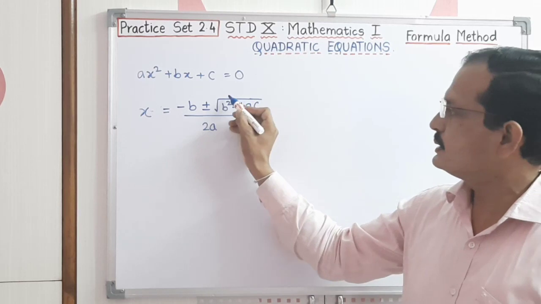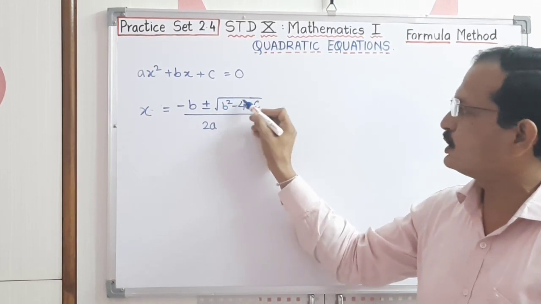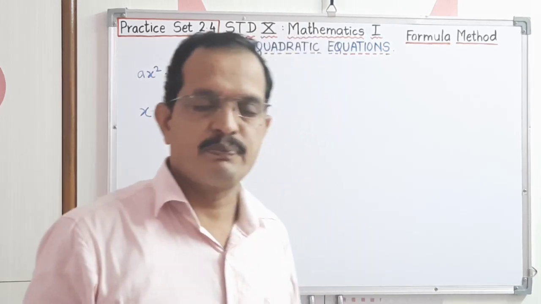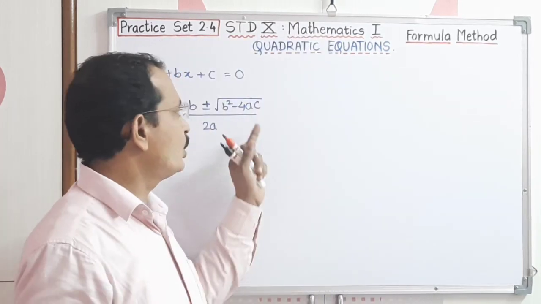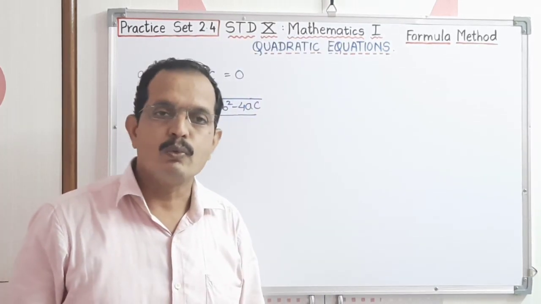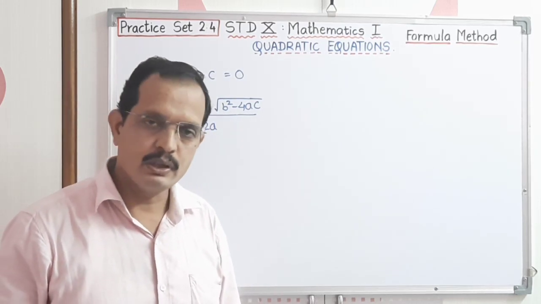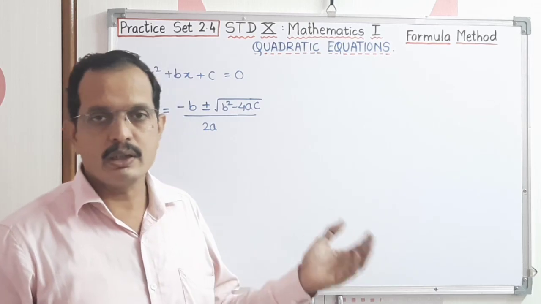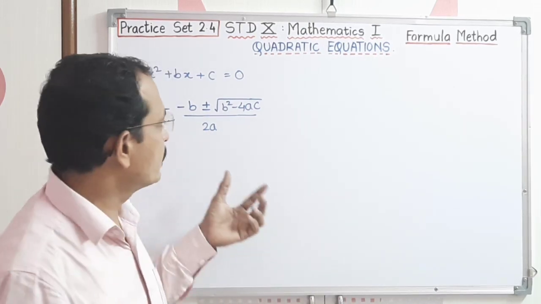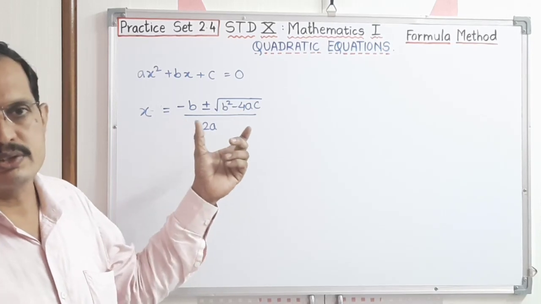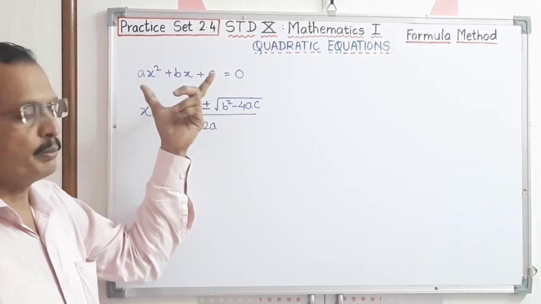Dear students, this value of b square minus 4ac is called the discriminant. Depending upon the value of this discriminant, we can find out the nature of the roots of a quadratic equation. That will be our next topic. In this topic, we have to only find out the roots of a quadratic equation by the formula method.